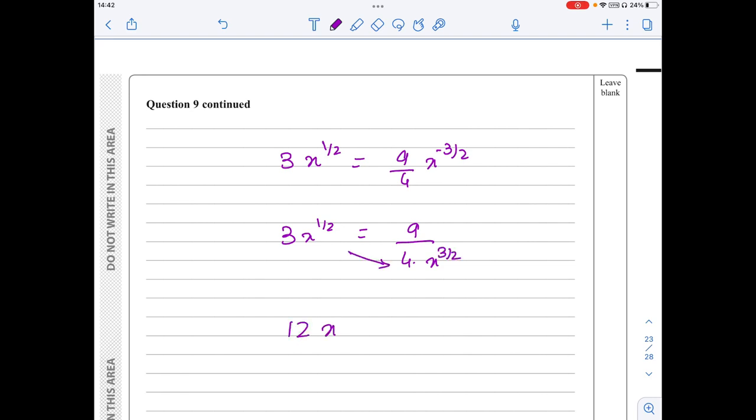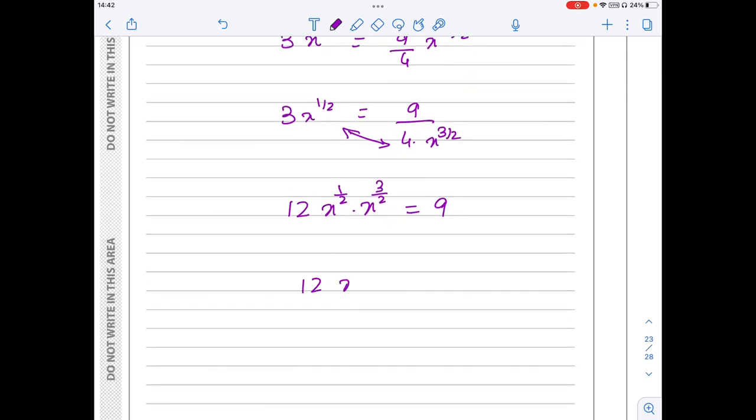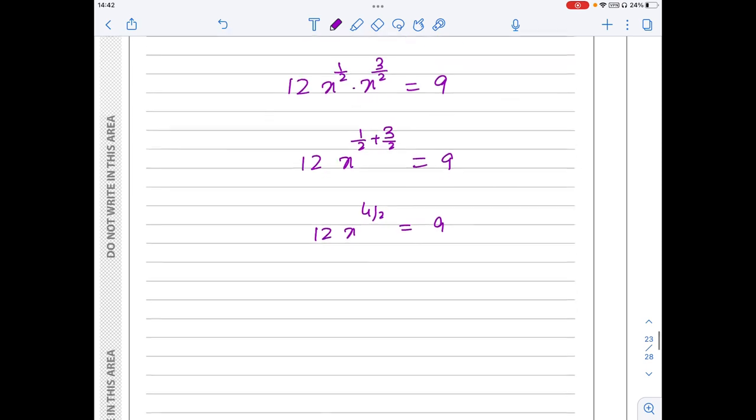Do the cross multiplication: 3 times 4 is 12. 12 times x power 1 upon 2 times x power 3 upon 2 equals 9. So 12 x power (1 plus 3) upon 2 equals 9. 12 x power 4 upon 2 equals 9. 12 x square equals 9.